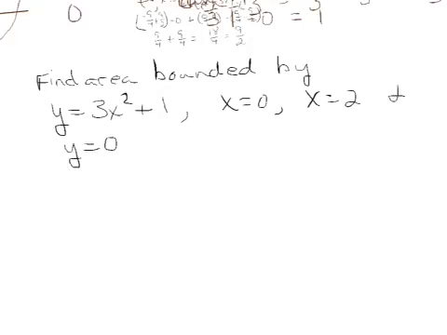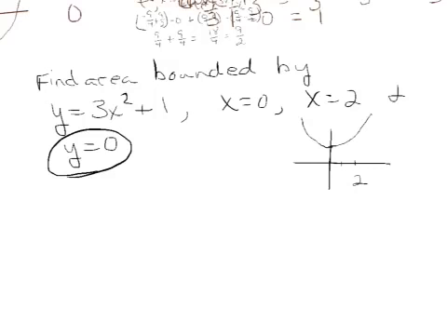So if we graph that, 3x squared plus 1 is going to look something like this. Here's x equals 0. Here's x equals 2. Now the y equals 0 just tells us that that is our bottom boundary. So we're looking at this area.